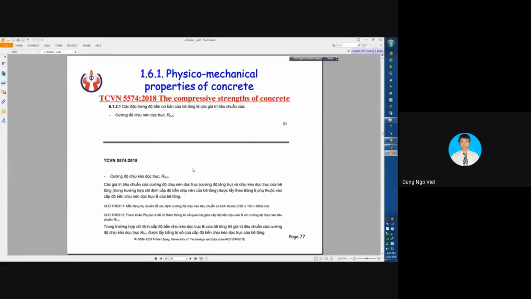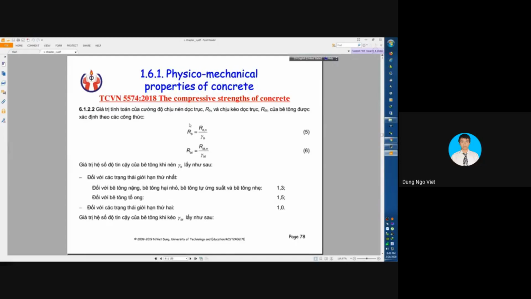So your duty is to find this standard and read it at home. Here we have the computed or calculated values for the first limit state and the second limit state.